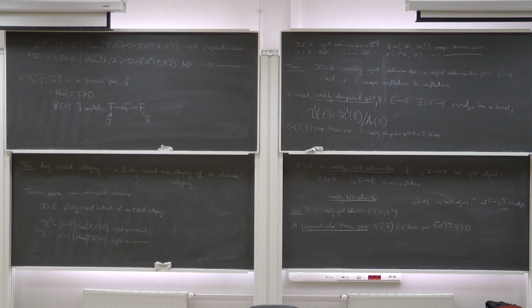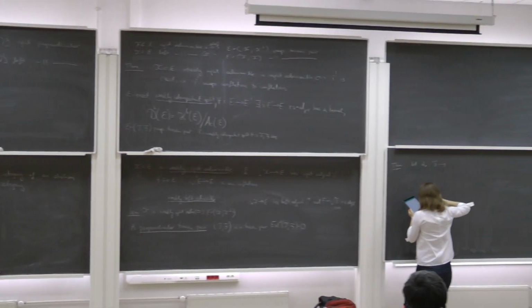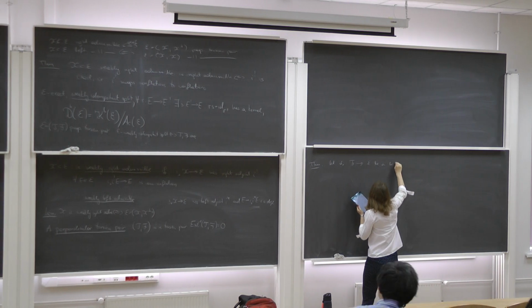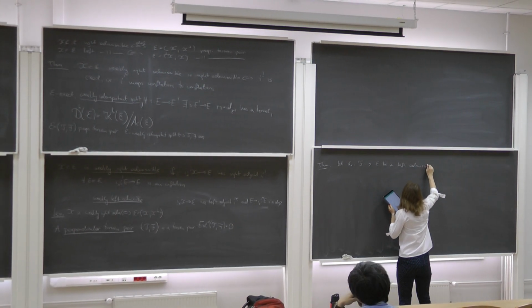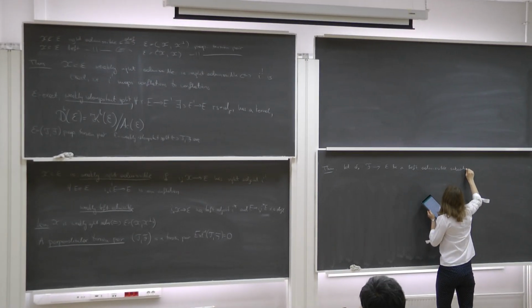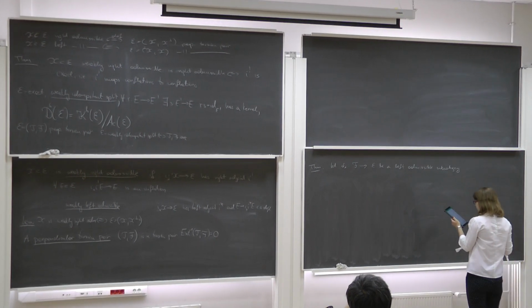let the inclusion from F to E be a left admissible subcategory, meaning it's a part of a perpendicular torsion pair.